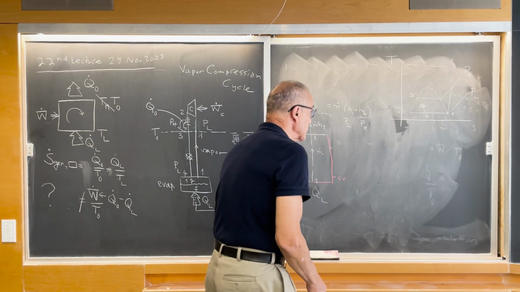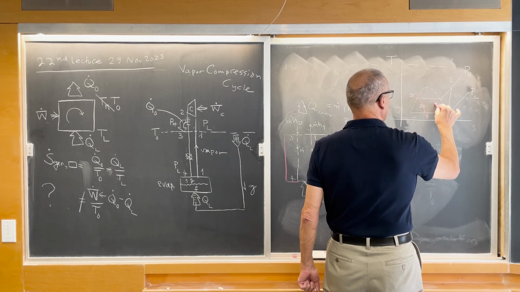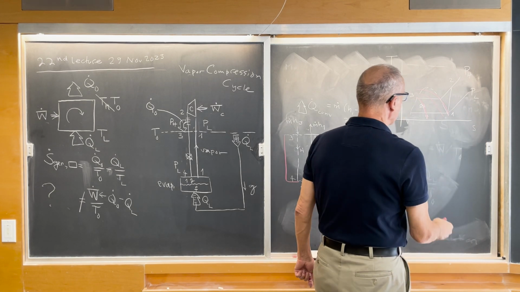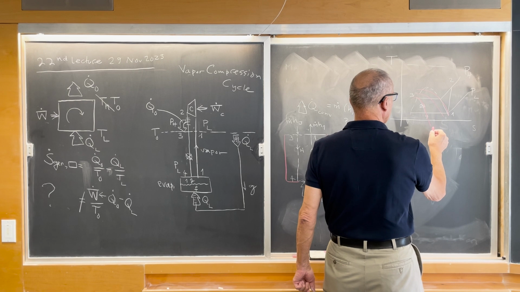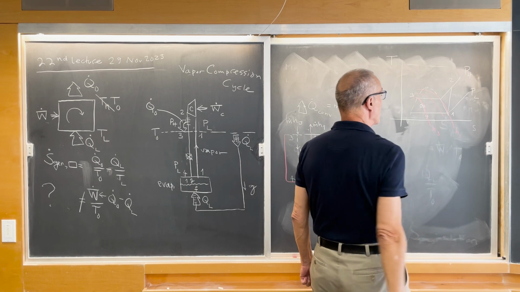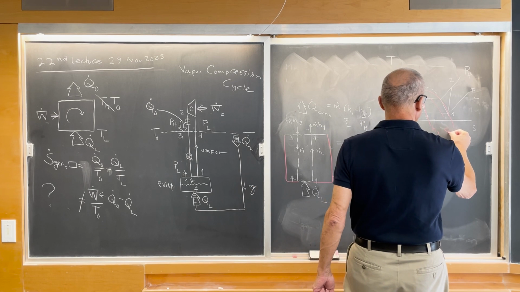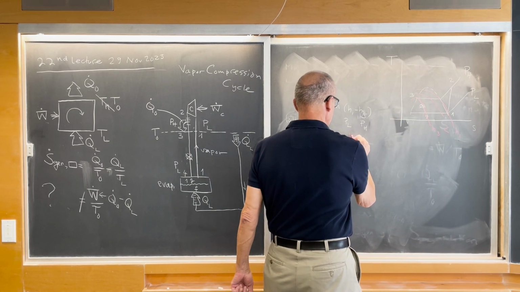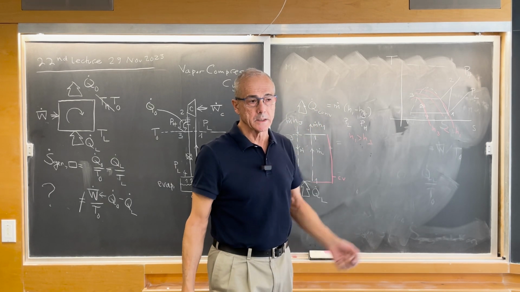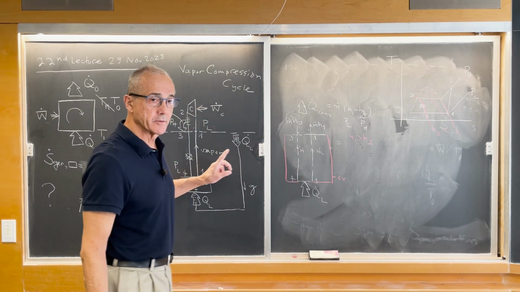So you see on this diagram the orientation of the constant enthalpy lines, including the line for H3 and the line for H1, showing that H1 is greater than H3. This is the inequality that guarantees the functioning of this refrigerator.